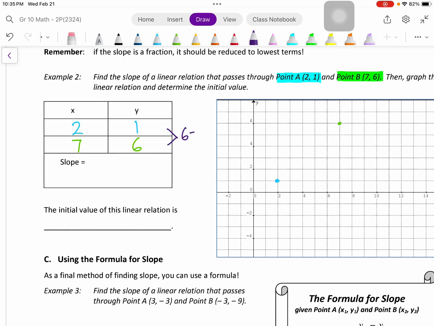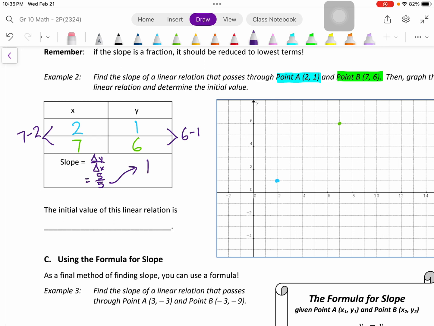So let's take a look. Here I have 6 subtract 1, and here I have 7 subtract 2. So delta y over delta x is 5 over 5, and 5 divided by 5 is equal to 1. So that means I have a slope of 1.